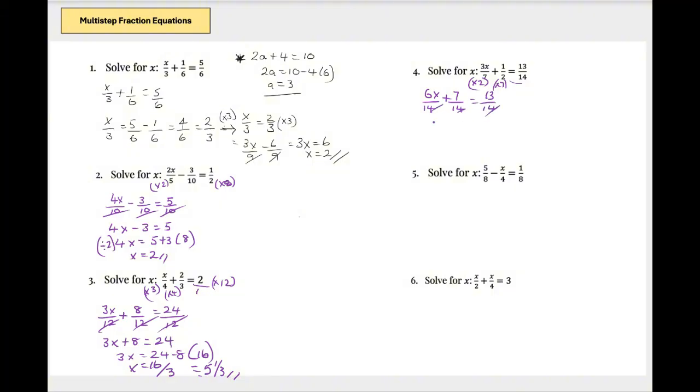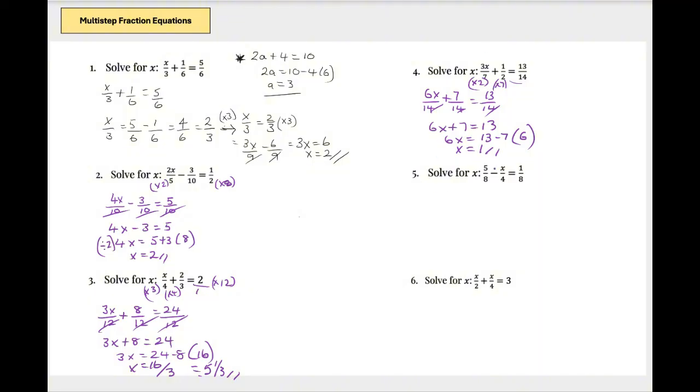Bish bash bosh. 6x plus 7 equals 13. 6x equals 13, subtract 7, which also gives you 6. 6 divided by 6, x equals 1.